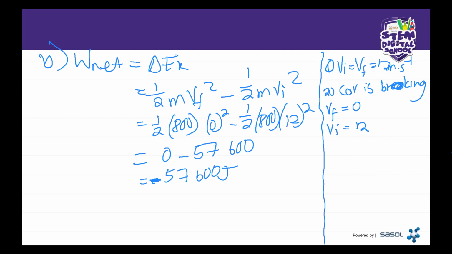The applied force and the frictional force are always in opposite directions. So that's why our answer has to be negative, because our frictional force is acting against the motion of the motorbike. I hope that makes sense to you guys. So that is our answer for number B.